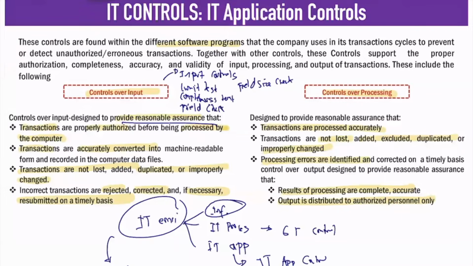So those are some reasons why we need controls over processing. How about controls over output? Your controls over output, of course, is designed so that the output is proper. So the control over output is provided on a reasonable assurance that outputs are distributed and outputs are accurate and complete.